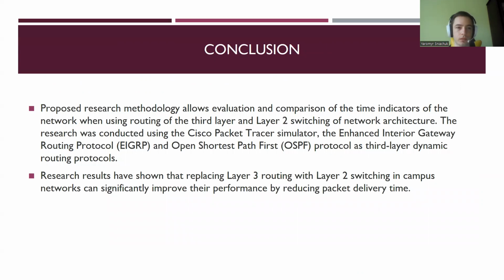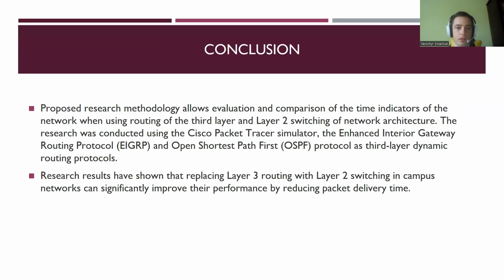In conclusion, the proposed research methodology allows evaluating and comparing the time indicators of the network when using routing of the third layer and layer 2 switching of the network architecture.